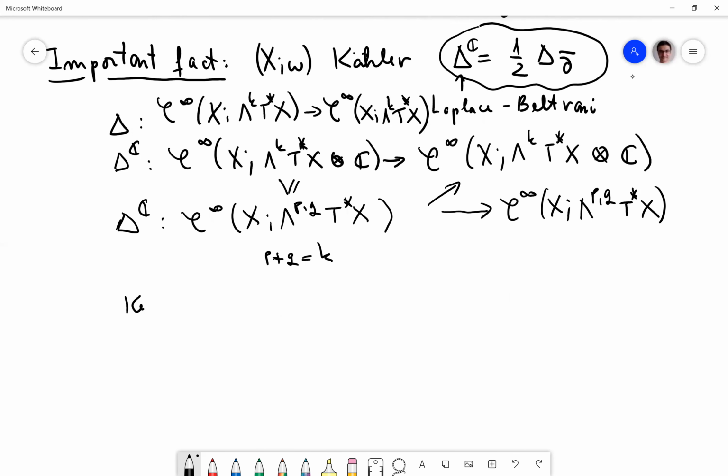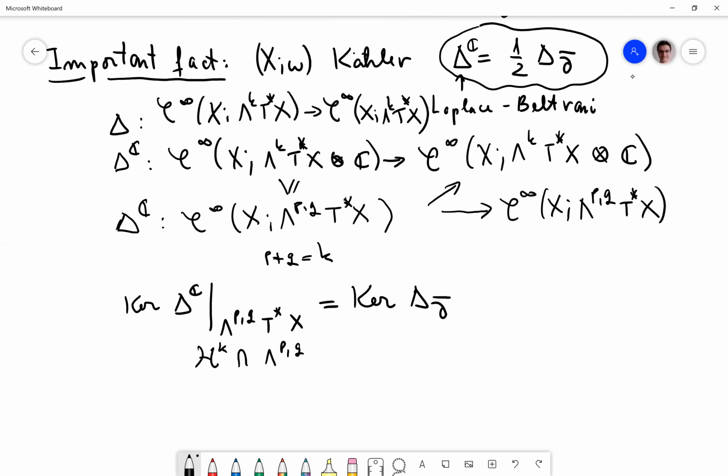So obviously the kernel of the complexified Laplace Beltrami restricted to PQ forms is the same as the kernel of the Hodge Laplacian. So in other words, H^K intersected with the space of PQ forms is nothing but H^PQ.